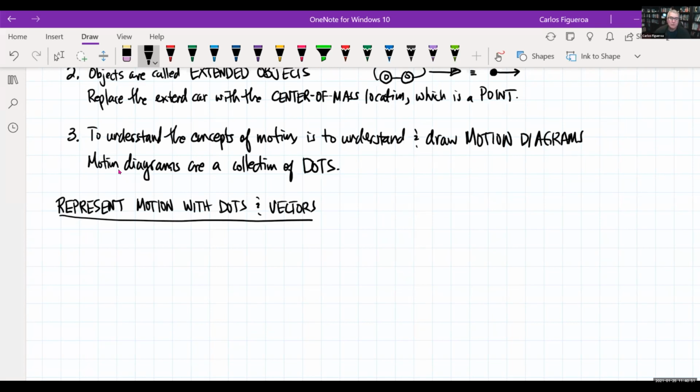So in order to represent dots, what I have to do here is introduce the variables of motion.